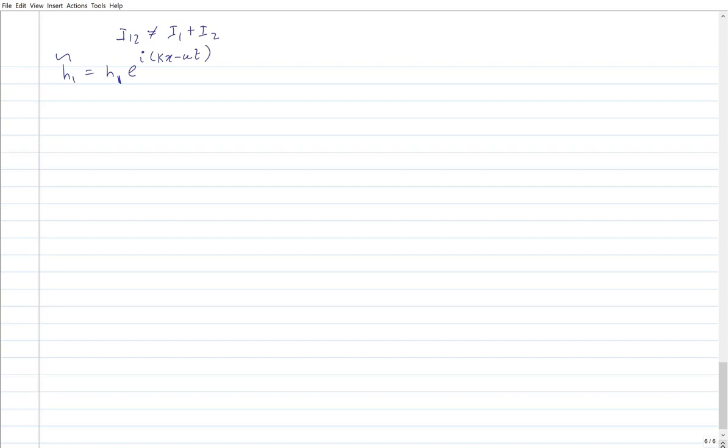This was when slit 1 was open, and similarly for slit 2, in the case of slit 2 open, this was a similar sort of a thing, with some phase factor relative to the previous case. And how do these waves add up? I just sum up over the amplitudes.